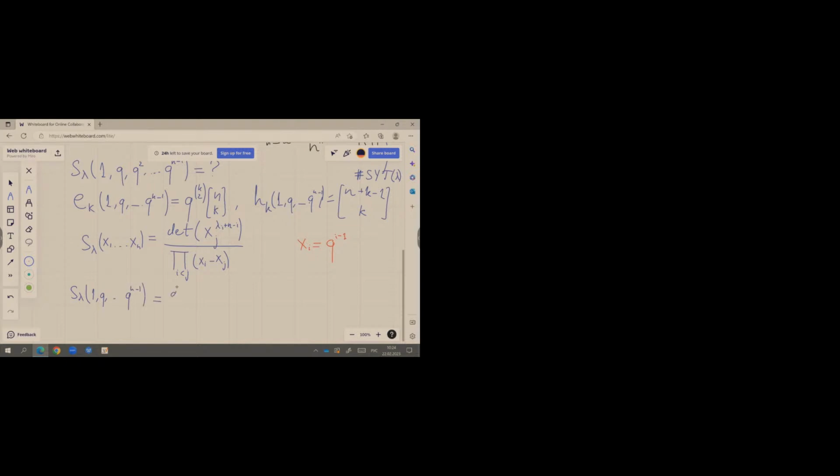The numerator is the determinant of q to the power j minus 1, this is xi or xj, right, times lambda i plus n minus i.